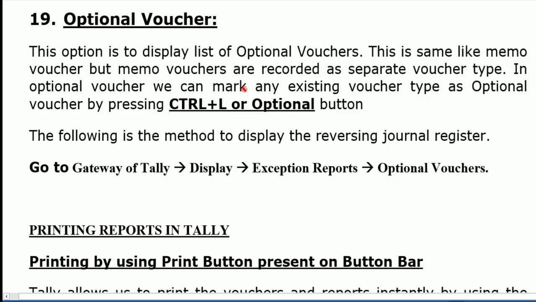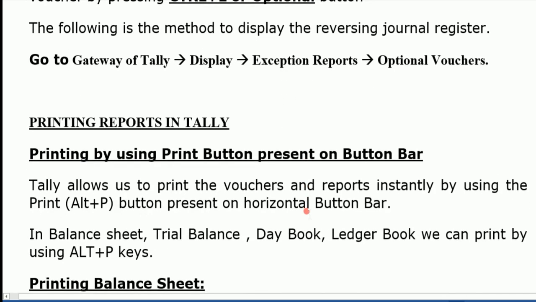So the memo voucher will act like one separate voucher type, but optional voucher is just we can mark one voucher as an optional voucher. The shortcut key is Ctrl plus L or optional button. And the method is gateway of Tally, display, exception report, optional voucher report.